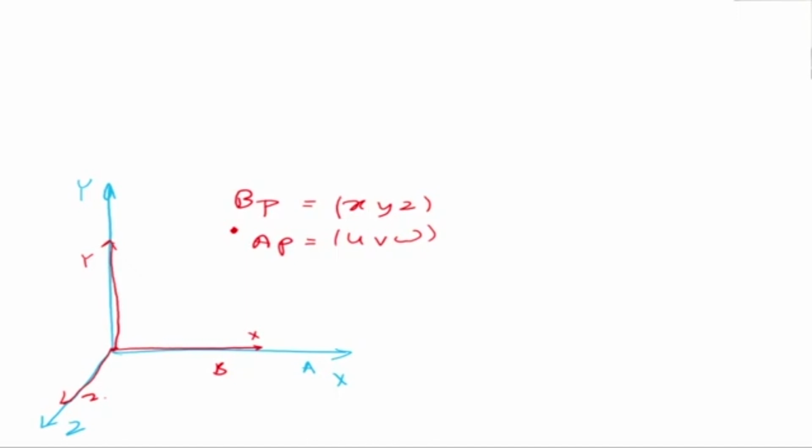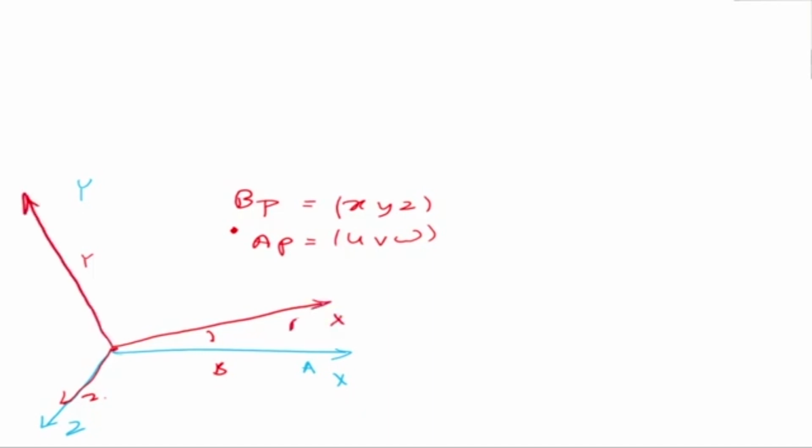Now, if frame B is rotated by an angle, let me draw it a little bigger. This is my frame B, this is X of B, this is Y of B, and Z remains the same, so it is rotated about the Z axis.